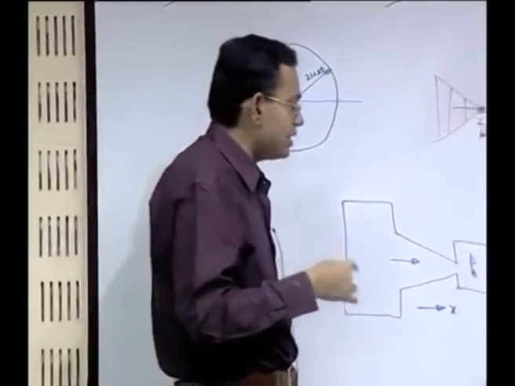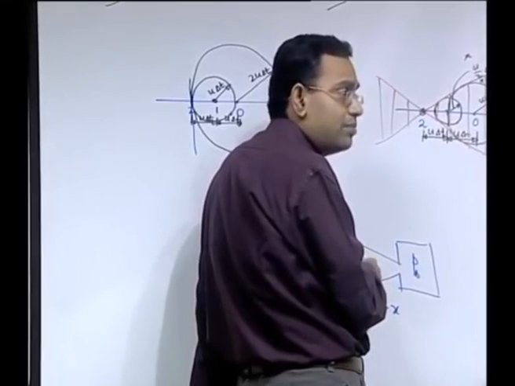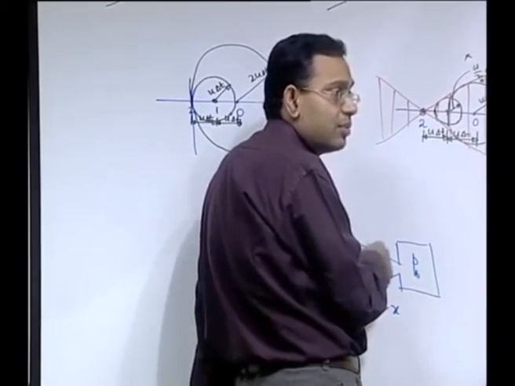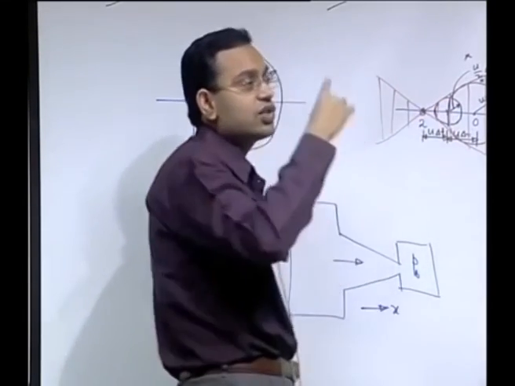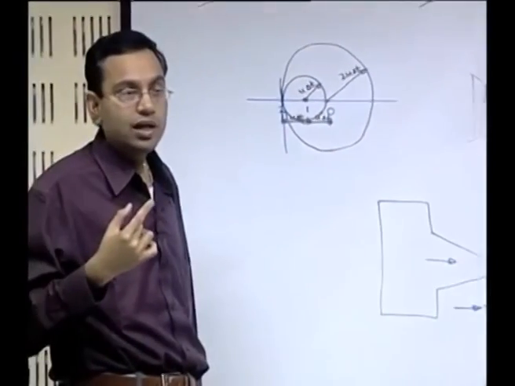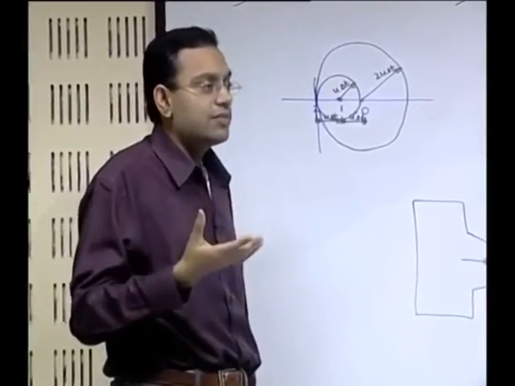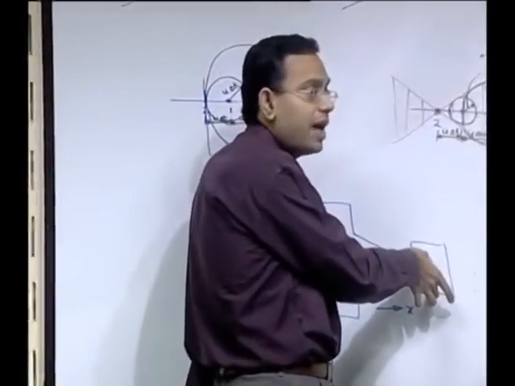If you reduce the back pressure, the mass flow rate increases, but it comes to a maximum when it reaches the sonic condition, that is, the Mach number becomes equal to 1, and then you cannot increase the mass flow rate further by reducing the back pressure.